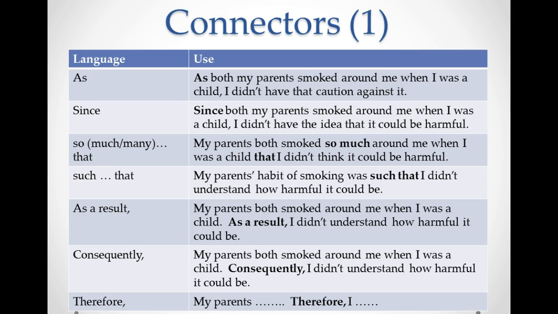So we looked at verbs for cause and effect. Now let's have a look at the connecting words. As and since are the same. They mean because. But in many academic institutions, they don't like because with a capital B. So you can use as or since instead.